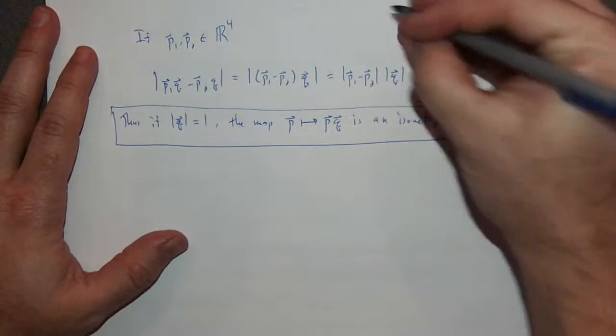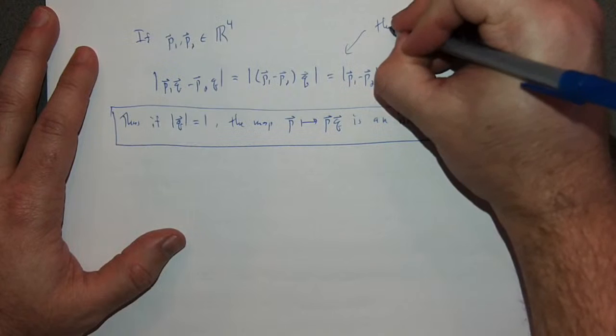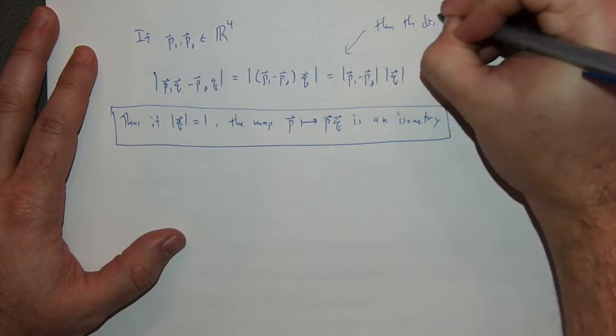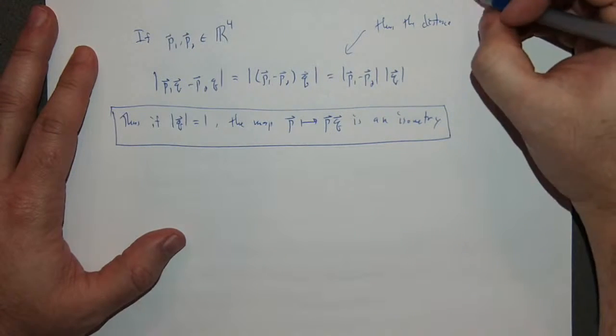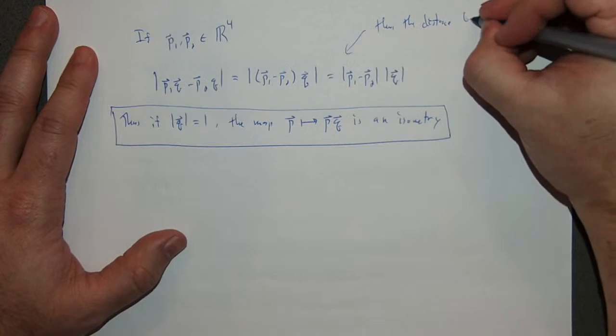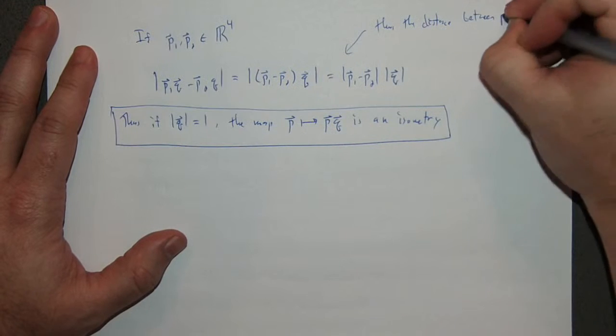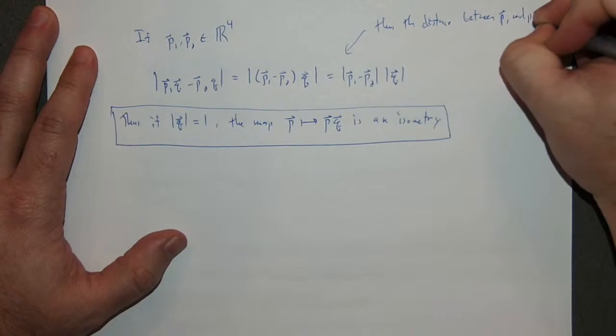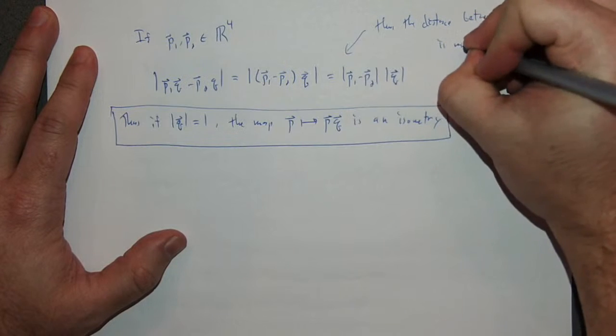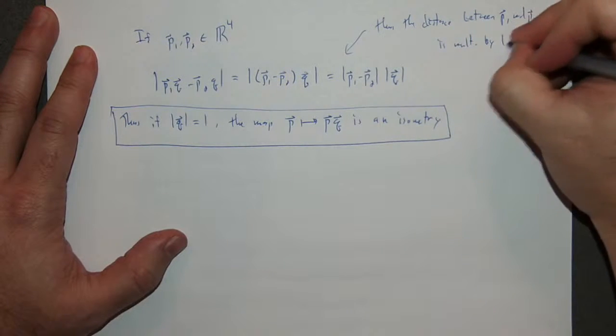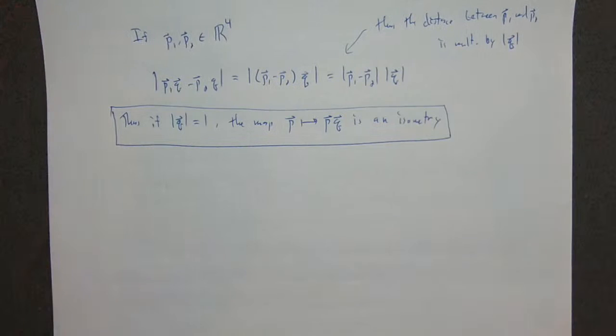So what this statement literally says is thus the distance between P1 and P2 is multiplied by length Q. Okay.